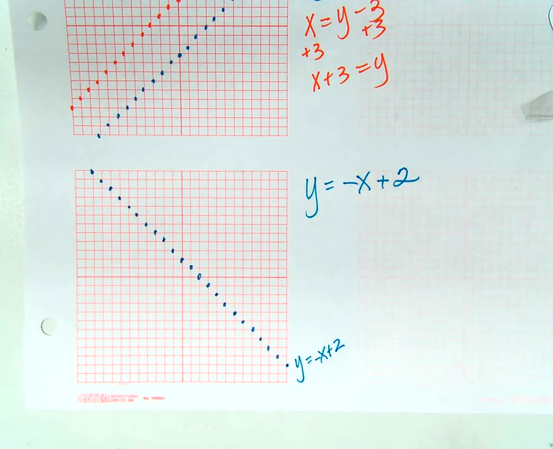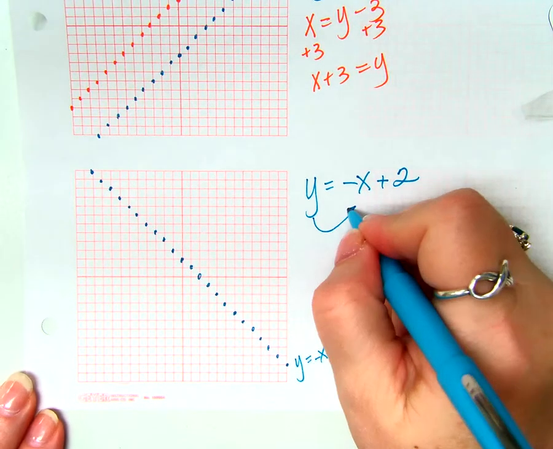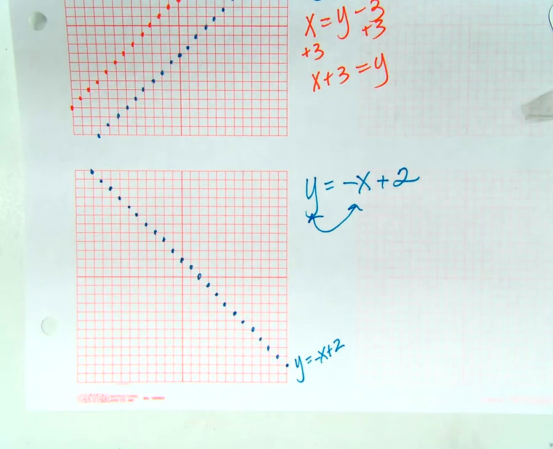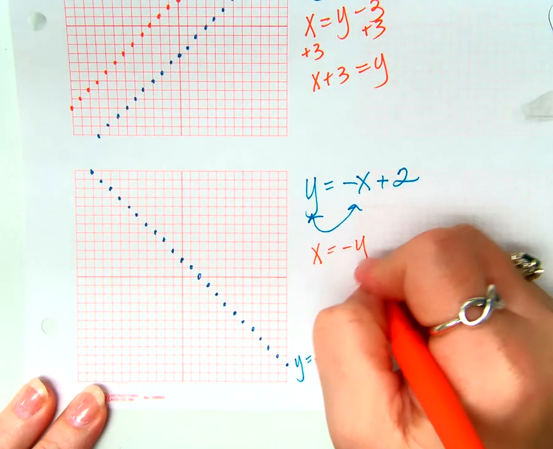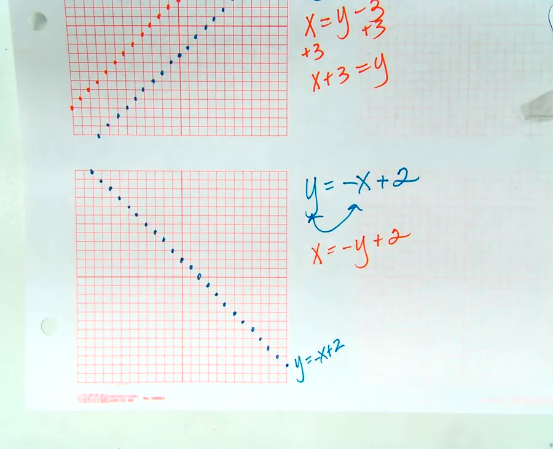How do I find the inverse? Switch them. Switch x and y. I get x equals negative y plus 2.